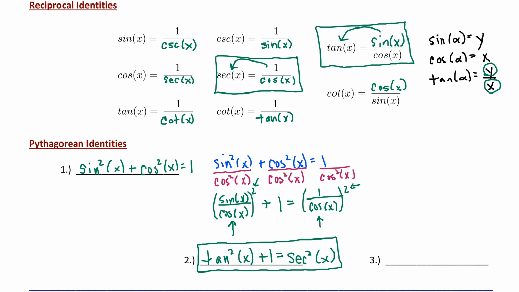Going back to our original Pythagorean identity, we can manipulate it in a similar way to get a third Pythagorean identity. The first time around, we divided by cosine squared of x. This time, I'm going to go back and divide all three terms by sine squared of x and simplify.